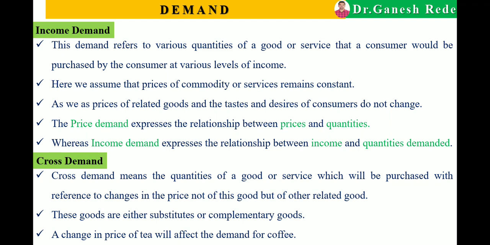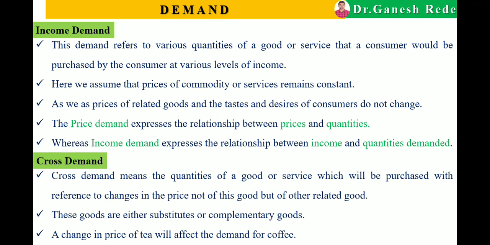Now next type, what will be the cross demand? Always keep in mind, cross demand means the quantities of goods and services which will be purchased with reference to change in price, not of that particular good but of another related good.